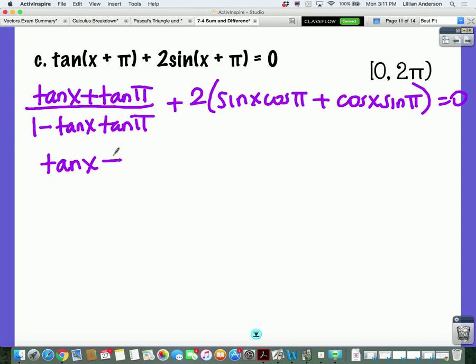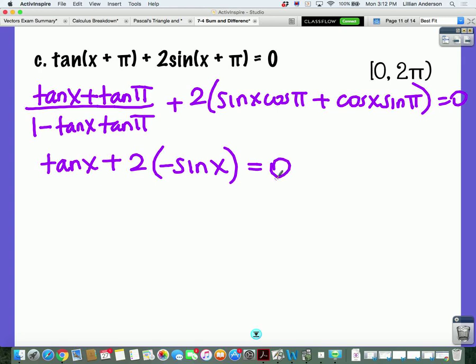Over here, I'll have a sine x times, what's cosine of pi? Negative 1. So this turns into a negative sine x. What's the sine of pi? 0. So this will just be nothing.